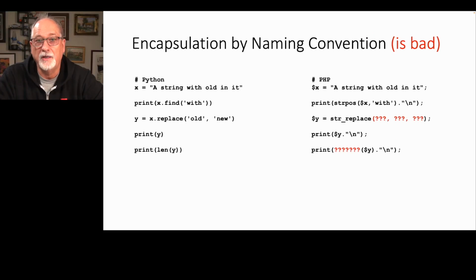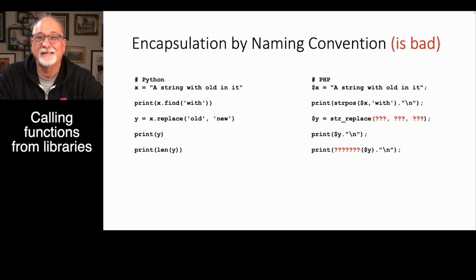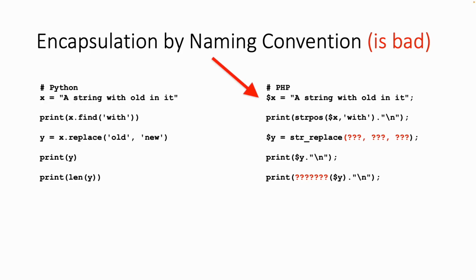If we look at PHP, it's almost identical, except it's calling libraries. So $x equals a string with old in it. Then we use strpos, the position in a string. The first parameter is what they call the haystack, and the second parameter is what they call the needle. But then we look at the replacement, which is the equivalent of x.replace in Python, and it's not strreplace, it's str_replace.